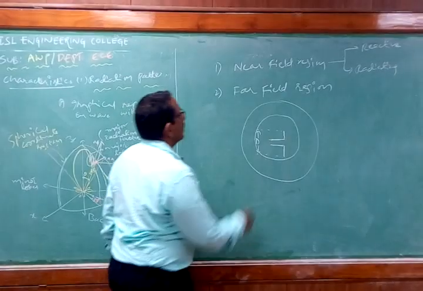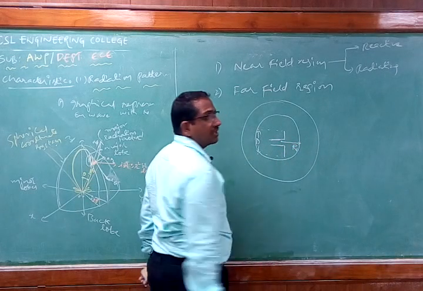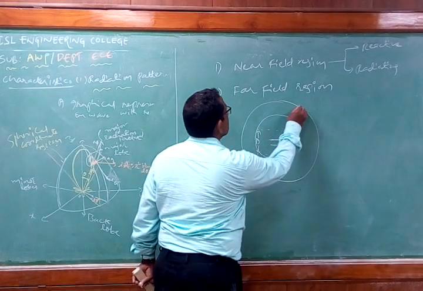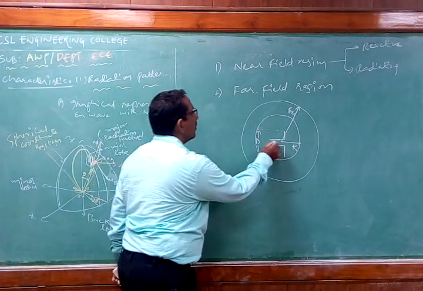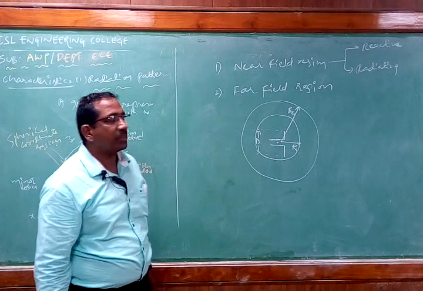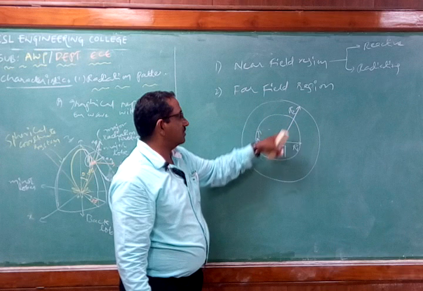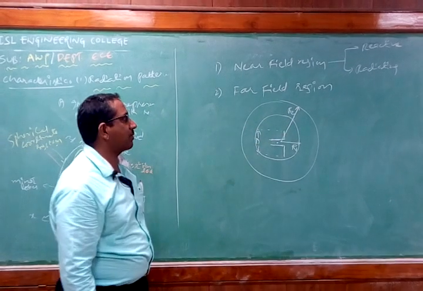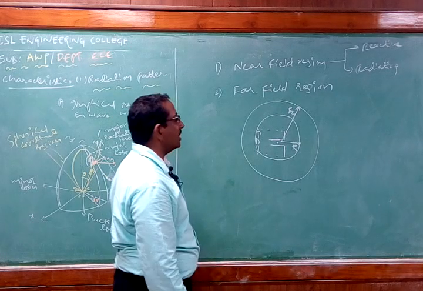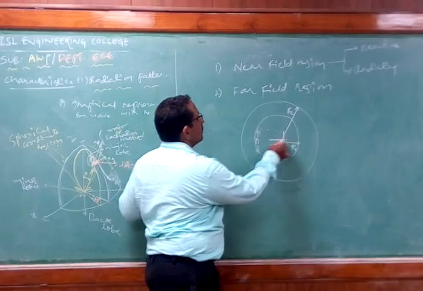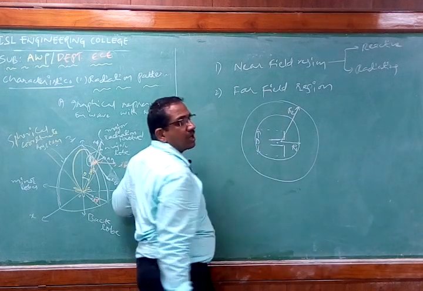From the center of the antenna we cover some region called R1, and some other region, say R2. This is the center, called 0, the origin of the antenna. From here to here is the R1 region, and at some other radius it is the R2 region of propagation. If you observe carefully, you will find three regions: the region between 0 and R1, the region between R1 and R2, and the region above R2.